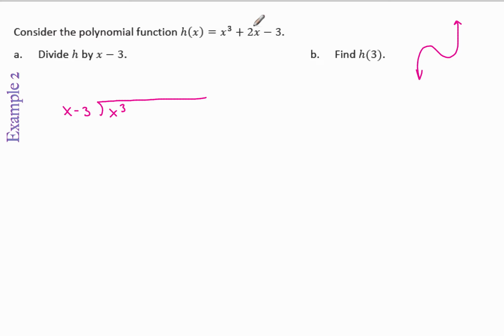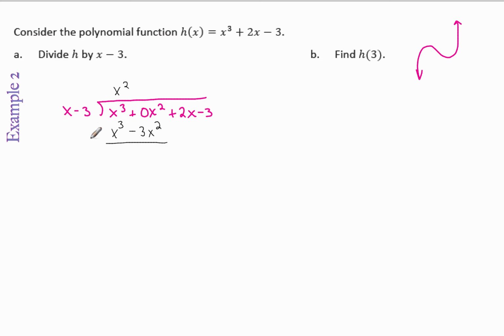X cubed, I have to be careful here. There is no x squared plus 2x minus 3. Okay, that's going to be x squared. X squared times x is x cubed minus 3x squared. Now we know the drill.